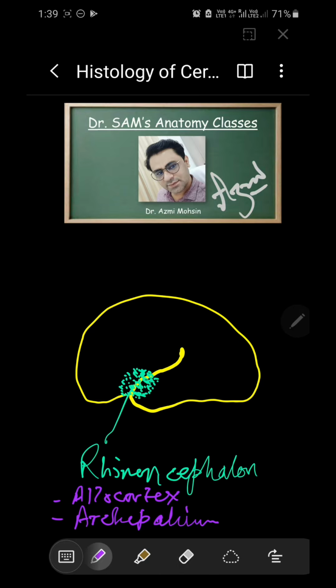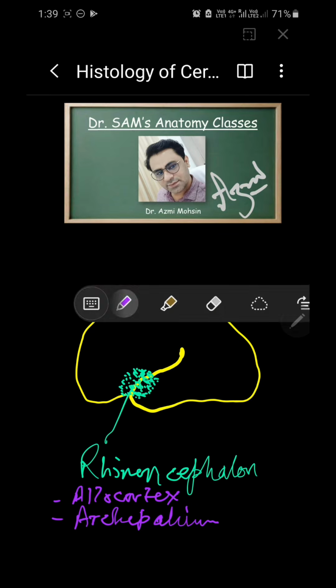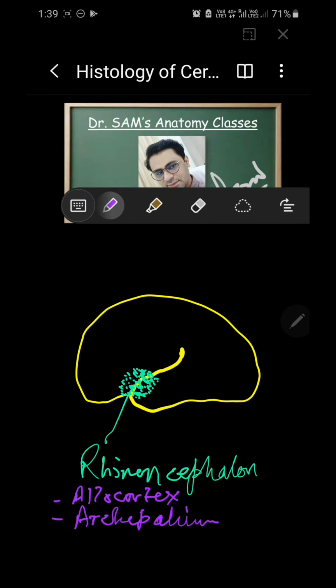You've seen that this is the most primitive cerebral cortex, present right from the lower animals, even present in human beings. Remember that this portion of the cerebral cortex has only 3 layers, and it is a thin cortex.